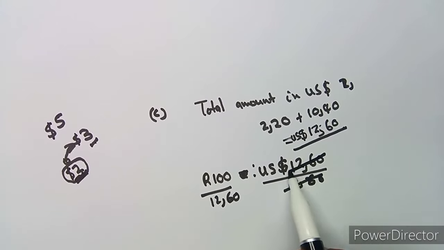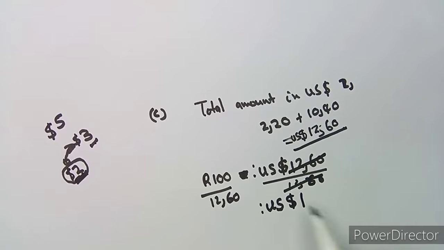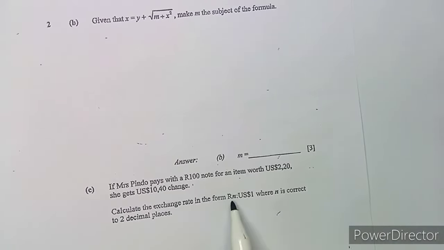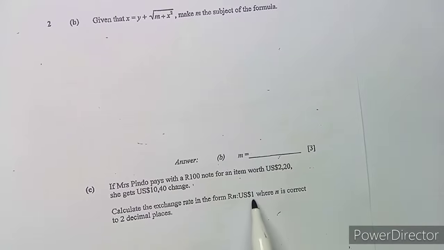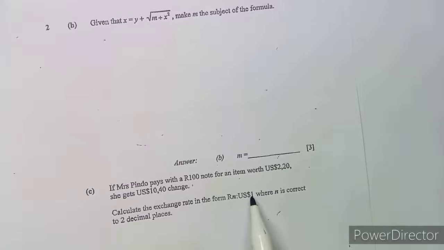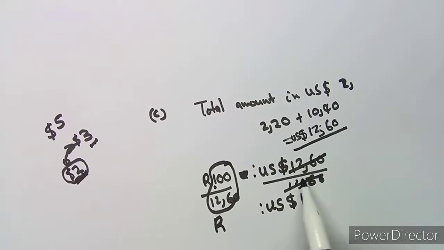The moment I divide by 12,6, I'm going to obtain a 1 for the US dollars. So just divide 100 by 12,6. That is your amount now in rand, because n is representing any number, but here it's supposed to be 1. It's a fixed value that you are given. That is why you divide by this, so that here you obtain a 1.